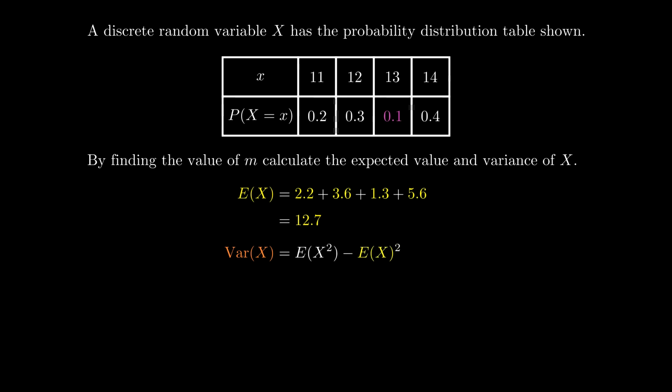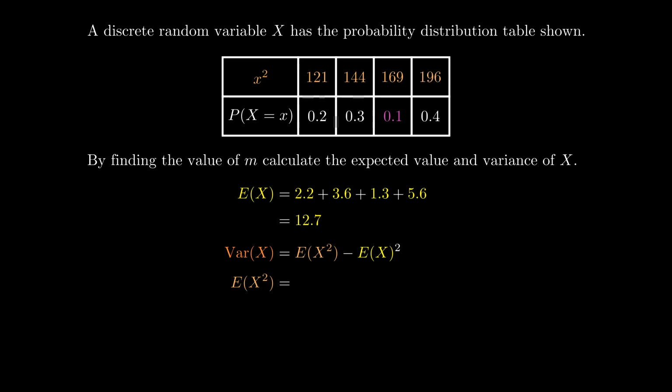The only ingredient we're missing here is the first term, which is the expected value of X squared. How do we work that out? Well, what is X squared? What values could X squared be? We can just zoom back in on the X's and square them all. So 11 squared is 121, 12 squared is 144, 13 squared is 169, 14 squared is 196.